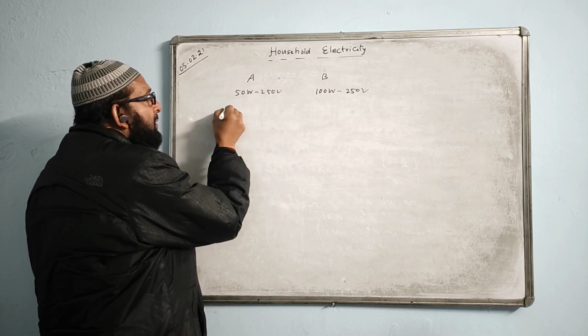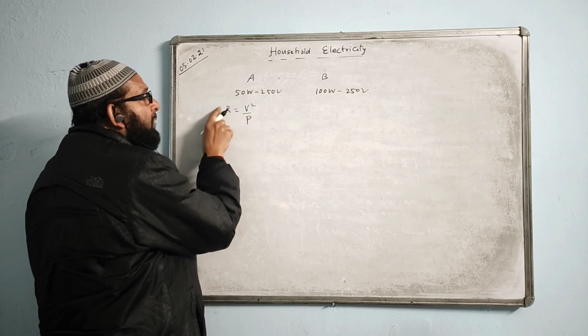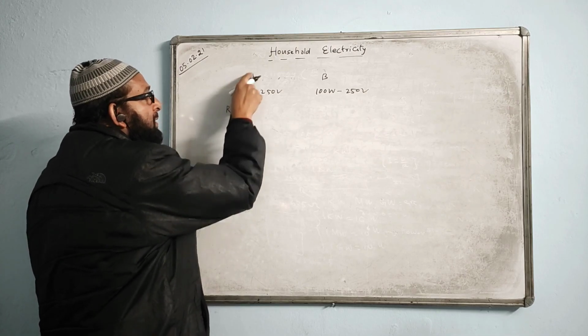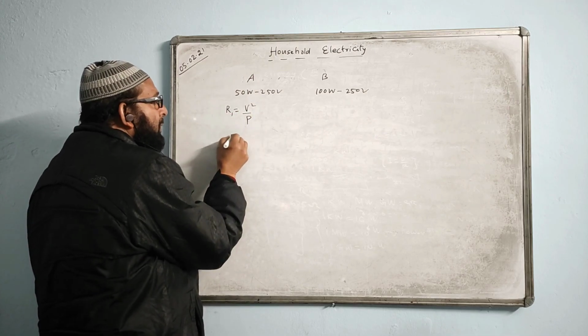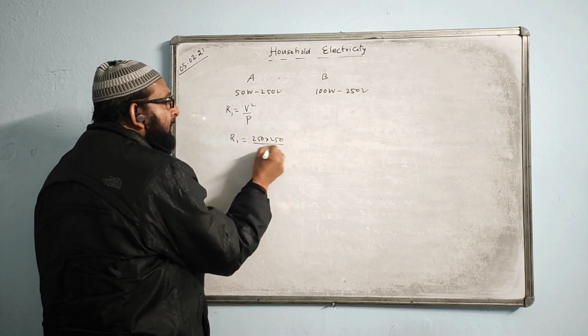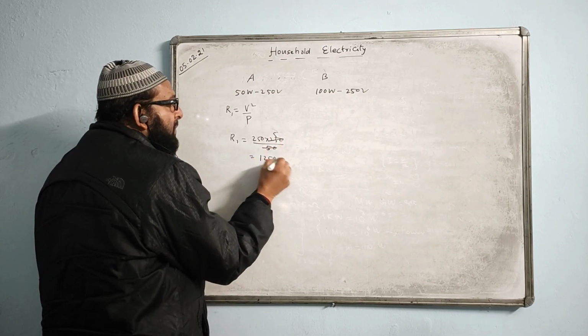Here you get R is equal to V squared by P, because we have the formula P equal to V squared by R. The resistance of the first bulb we write as R1. R1 value will come 250 squared upon 50. You can cancel 5, 5. This is coming 1250 ohm.